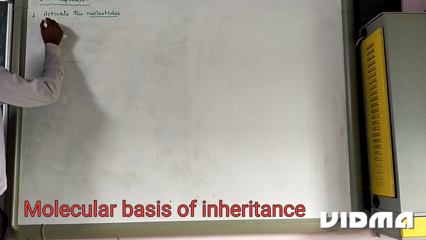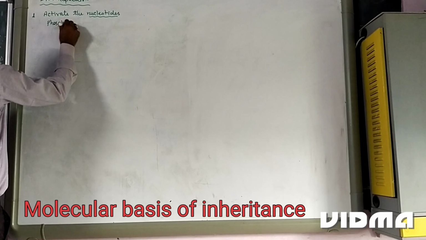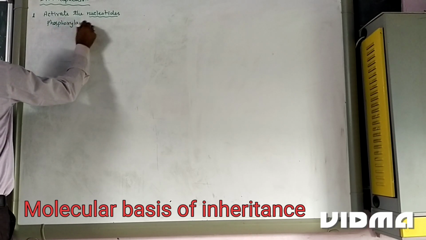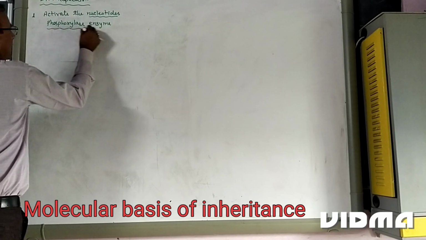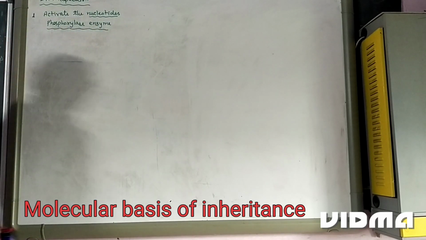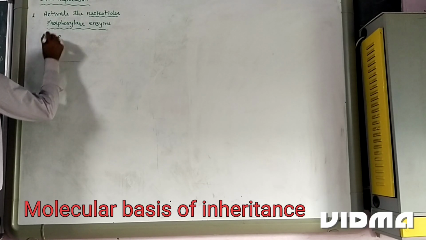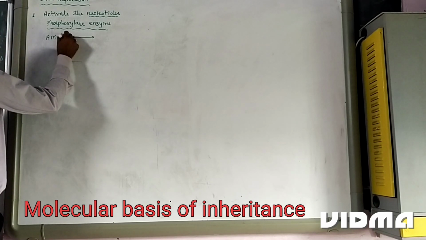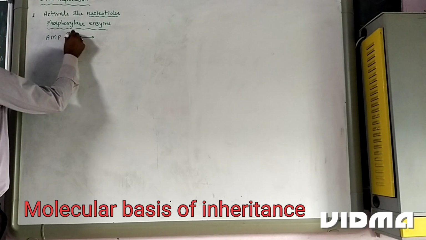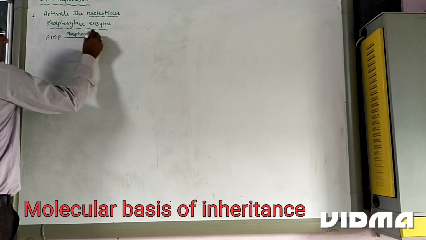This process is completed by the phosphorylase enzyme. How does this enzyme activate the inactive nucleotide? Inactive nucleotides such as AMP, adenosine monophosphate, are activated in the presence of phosphorylase enzyme.